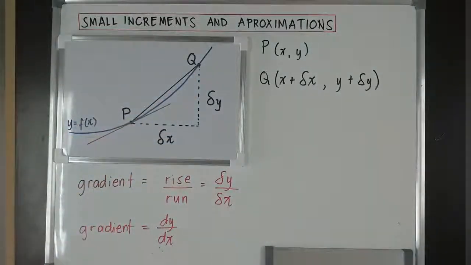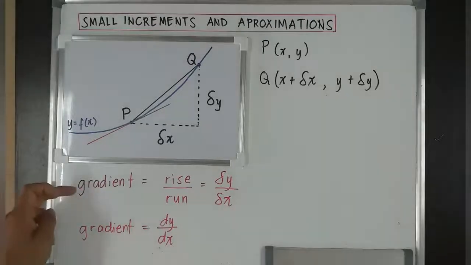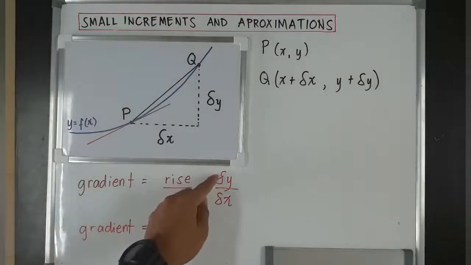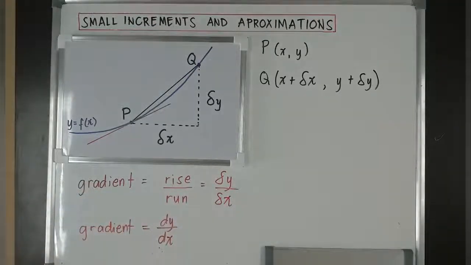Since gradient is equal to small increment in y over small increment of x, and also gradient is equal to dy over dx, at a certain point P and point Q, but we are only considering point P over here because that's the original value of x and y, what is the idea that you will get from these two?